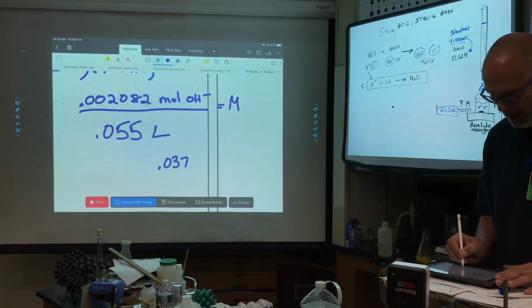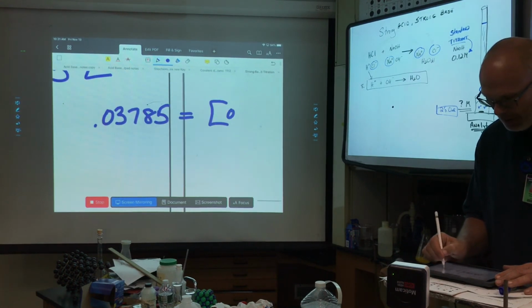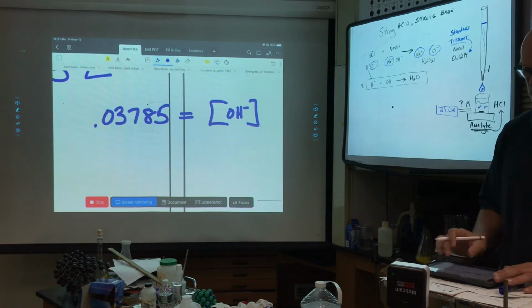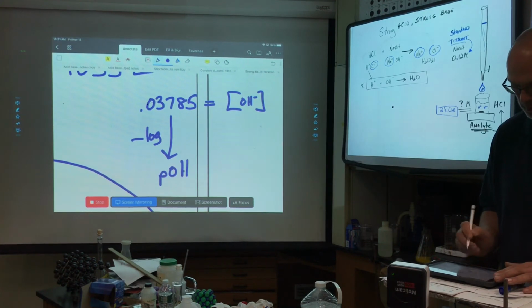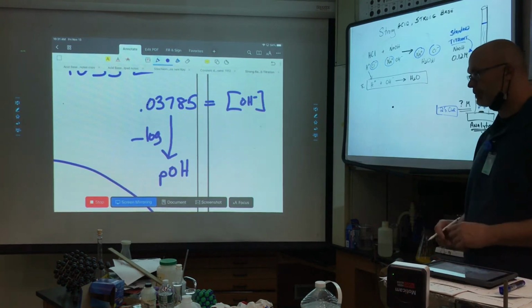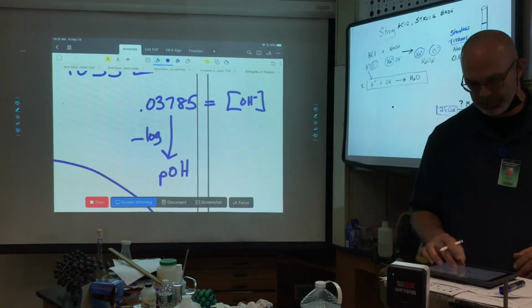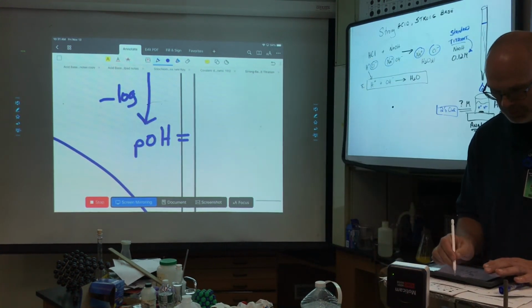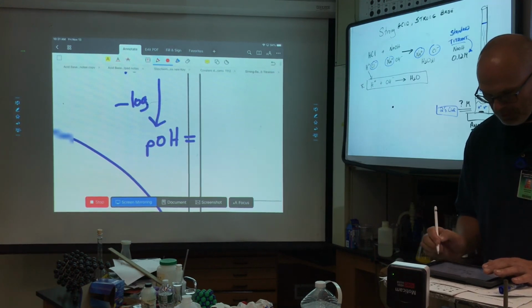0.03785. And this is equal to the what? Concentration of the hydroxide. I want the pH. So let's go find the pOH. Negative log this. What's the pOH? Negative log of that? Good.